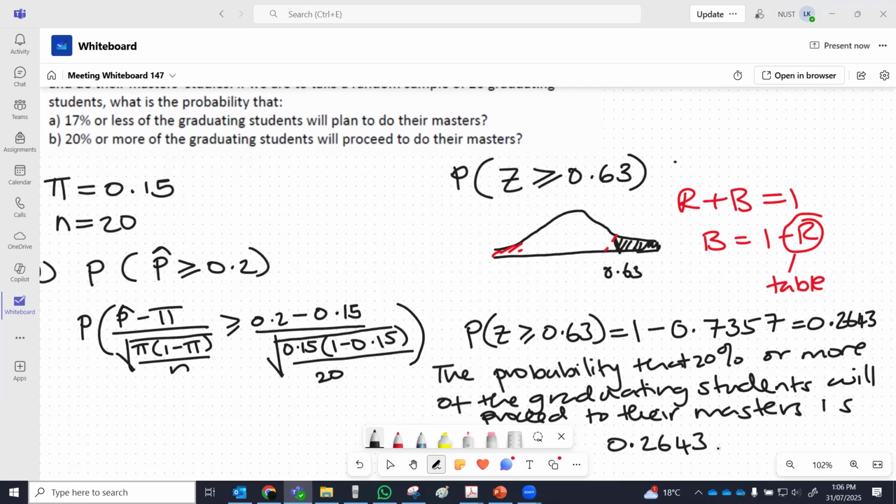Or of course you can write it as 26.43%.